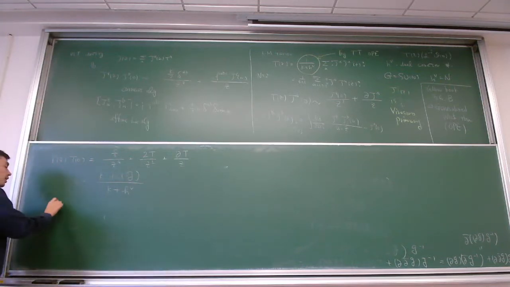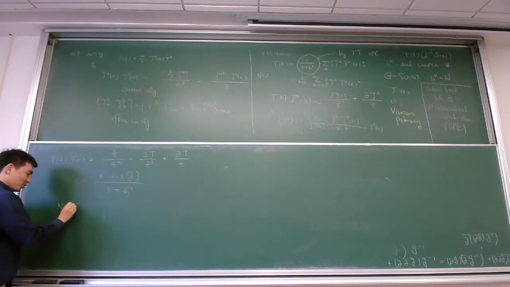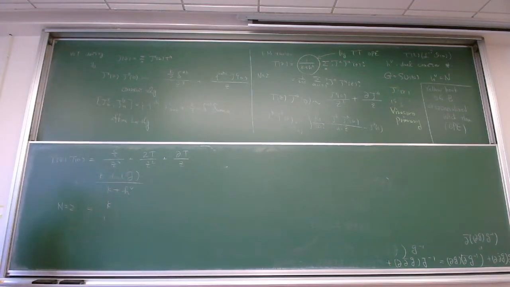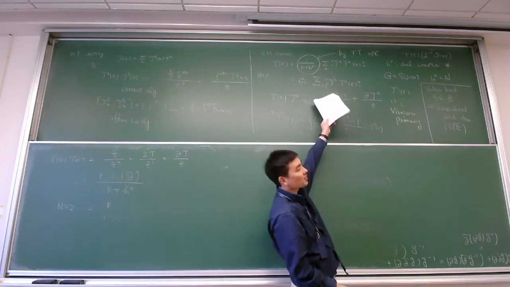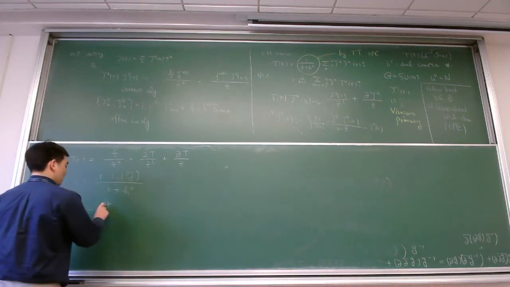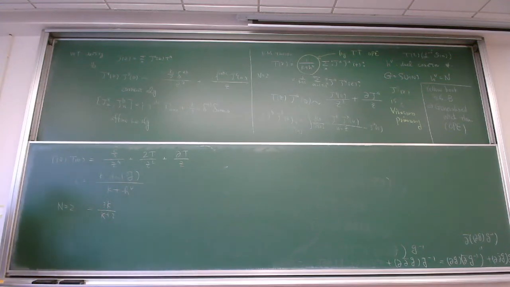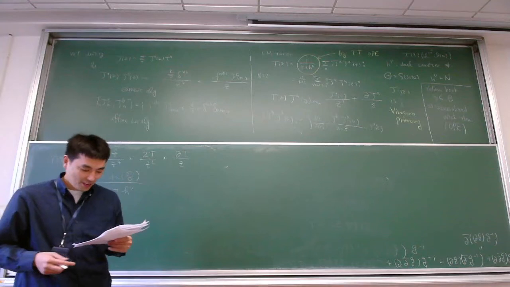In particular, for SU(2), what is the dimension of SU(2)? 3, coming from 1, 2, 3. So 3k over k plus 2. That's what you already showed. So this is the answer for the central charge, which was the purpose of last week's homework, to derive this using the general OPE.